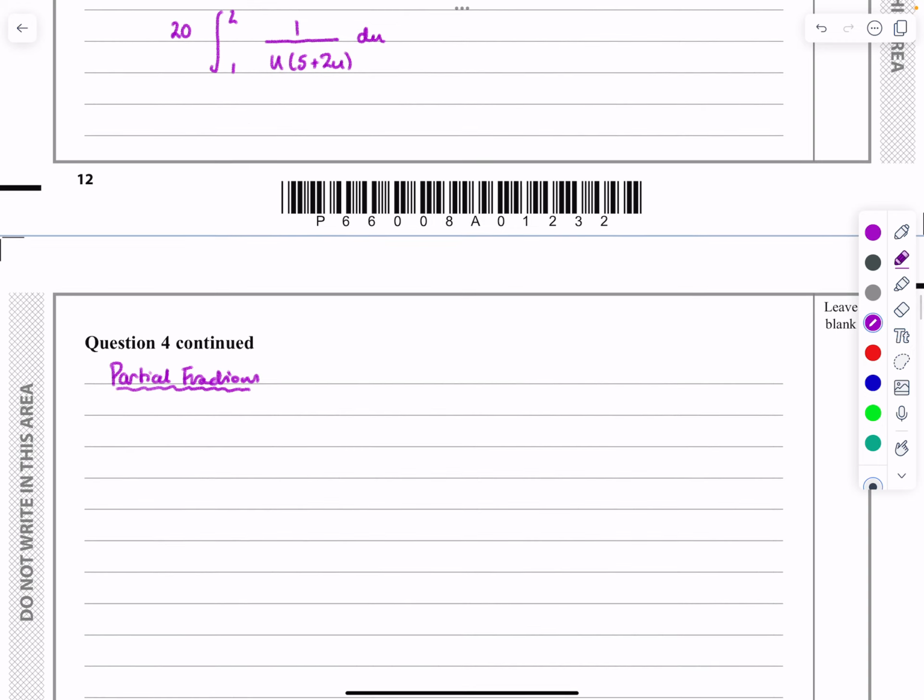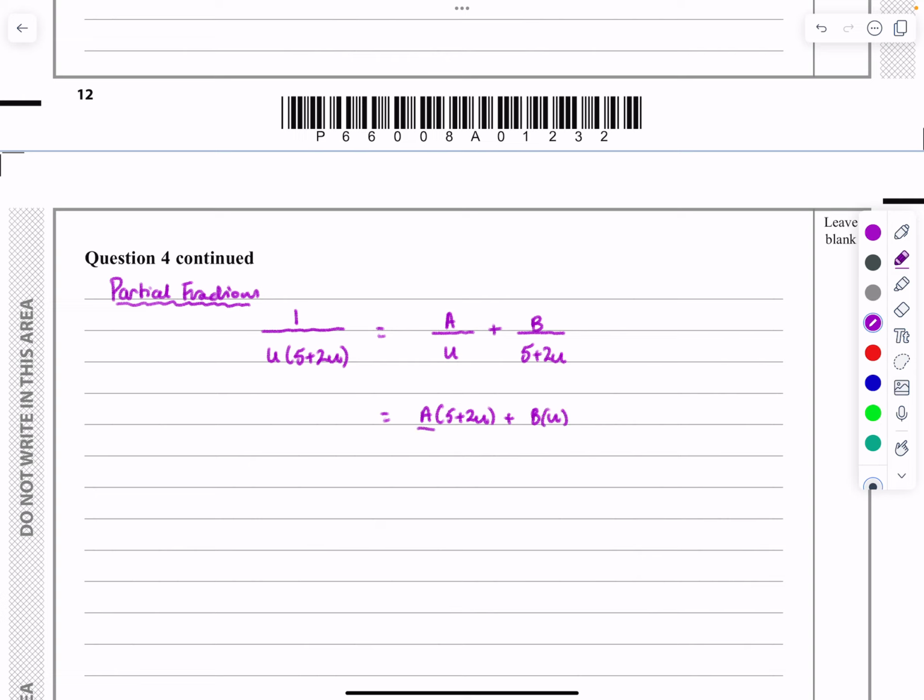So that's A over u and B over 5 plus 2u. And then just go through the standard partial fractions protocol. So A times 5 plus 2u here, plus Bu here, all over u, 5 plus 2u.